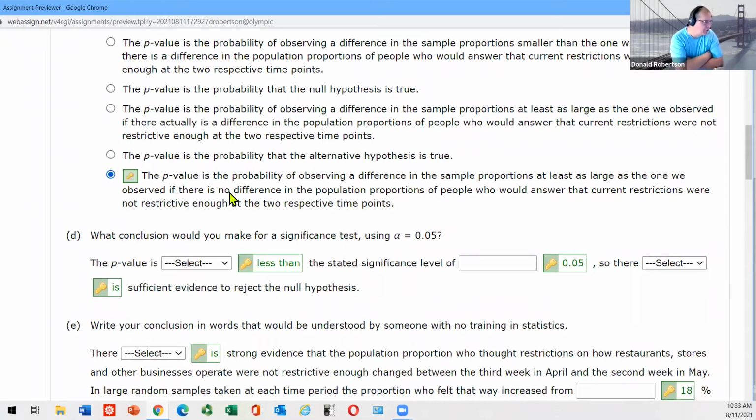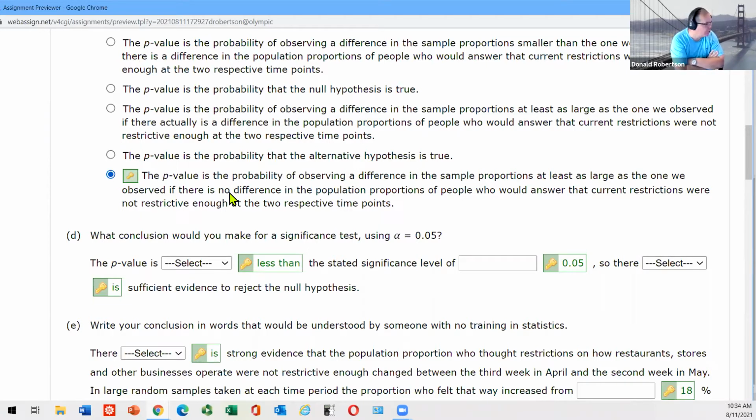P-value is the probability of observing a difference in the sample proportion that is at least as large as the one observed if there was no difference in the populations. Okay, that's one way of thinking of p-value. P-value is the probability that you would get the result you got by just randomness. Be another way of talking about it.